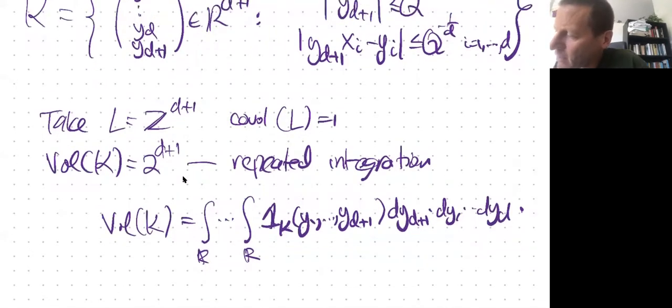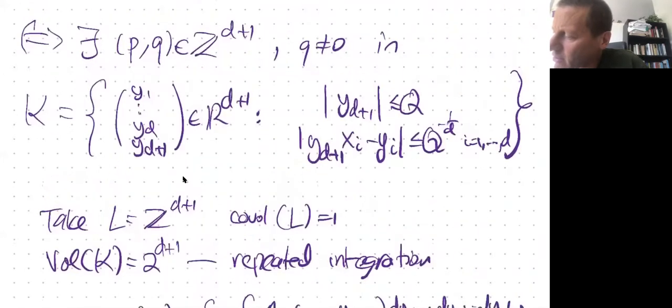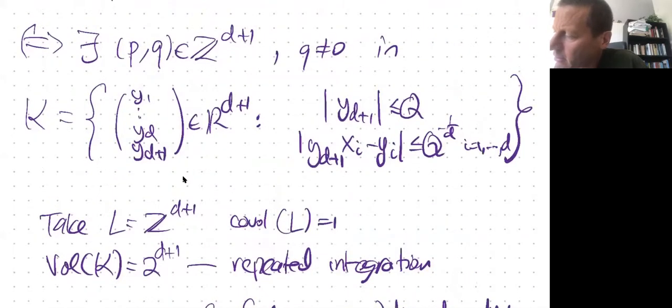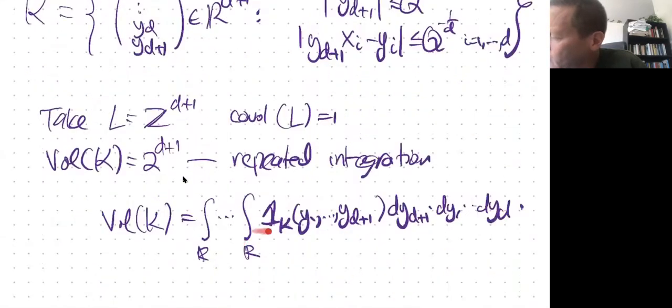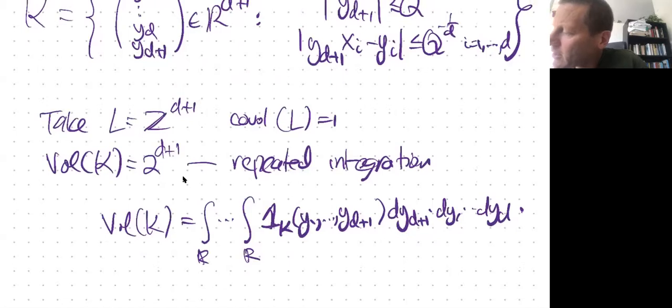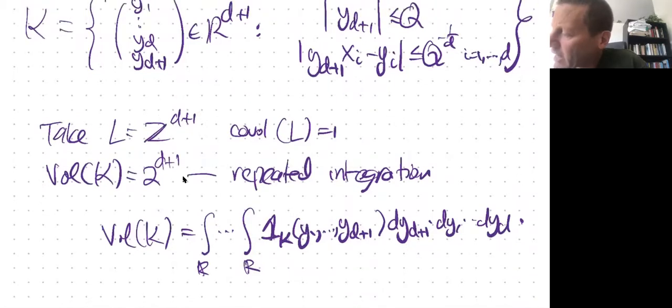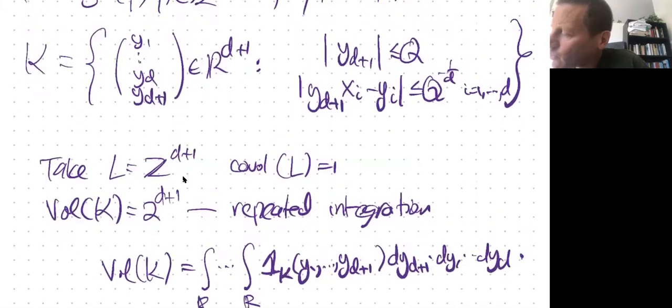So the inside integral only depends on this condition, and we get a contribution of 2 times Q. And then for each fixed value of y_(d+1), we ask ourselves, where does y_i live? And y_i lives in an interval of length 2 times Q to the minus 1 over d, centered at this point.